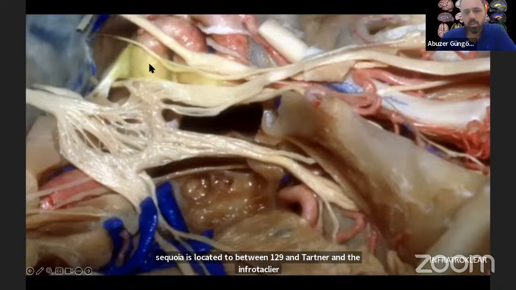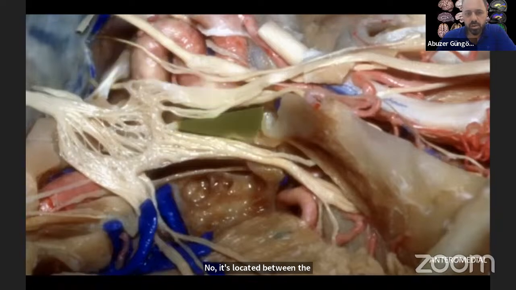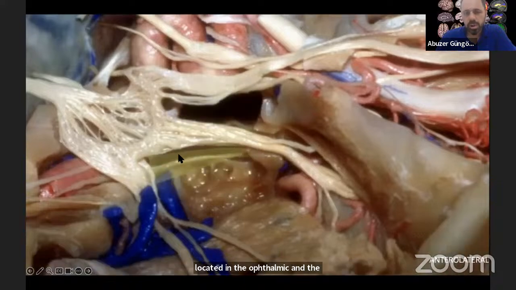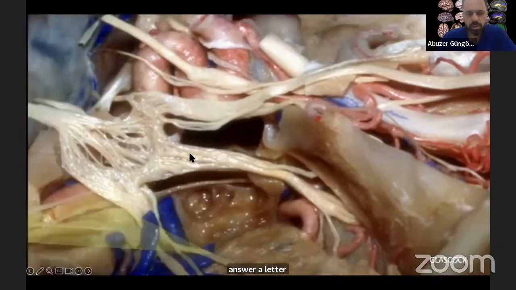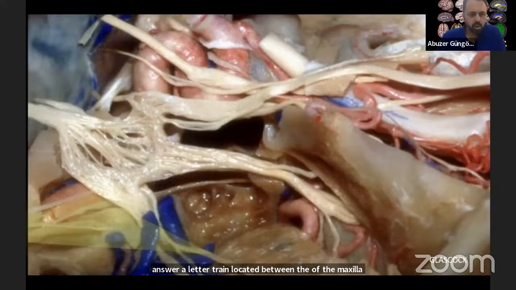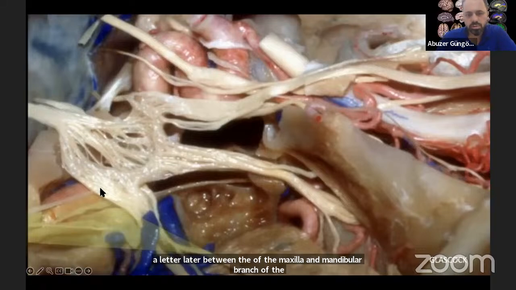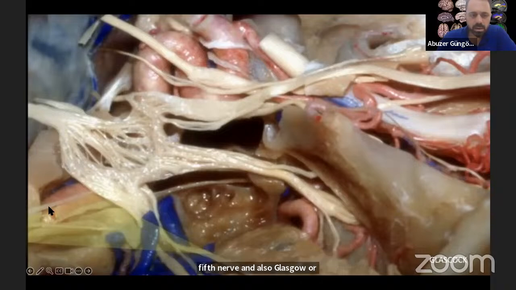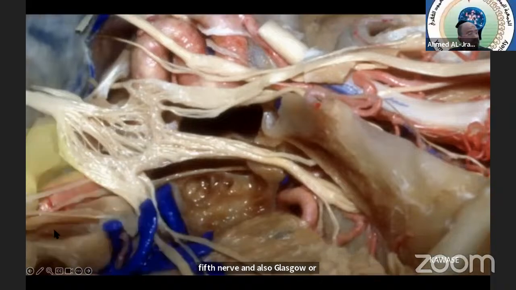And the infratrochlear triangle is located between the trochlear nerve and the ophthalmic branch of the fifth nerve, and also the anteromedial triangle is located between the ophthalmic and maxillary branches of the fifth nerve, and the anterolateral triangle is located between the maxillary and mandibular branches of the fifth nerve, and also the Glasgow triangle located posterior to the mandibular nerve.